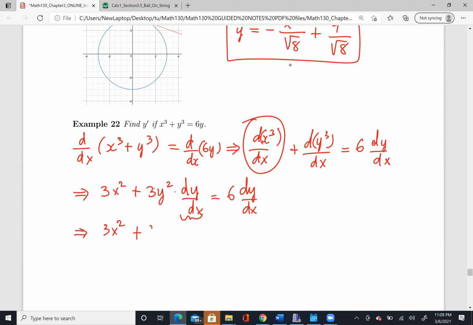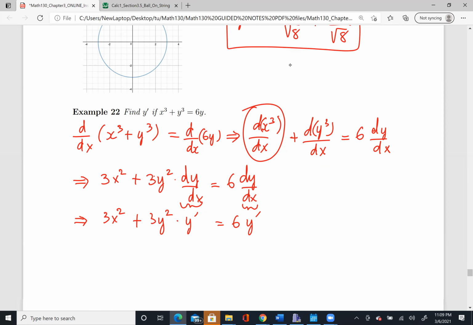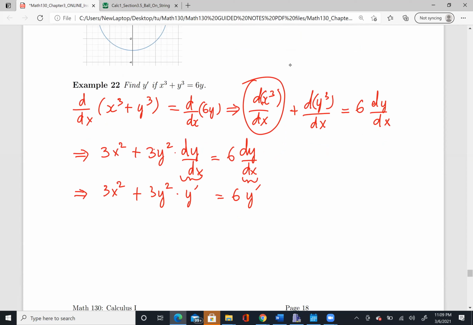Okay, so let's write 3y squared multiplied by y prime equal to 6y prime. I mean they're the same, but I just want to write it like that. So you can see it's shorter, and maybe you can more easily see the way I can isolate the y prime later on.